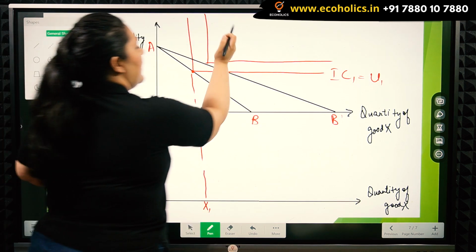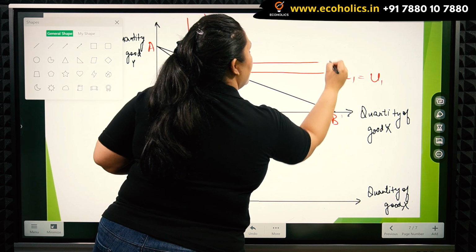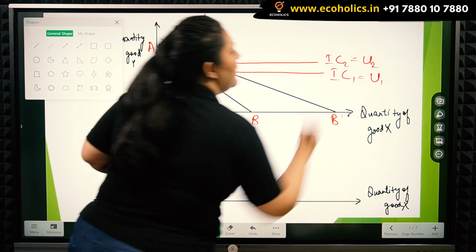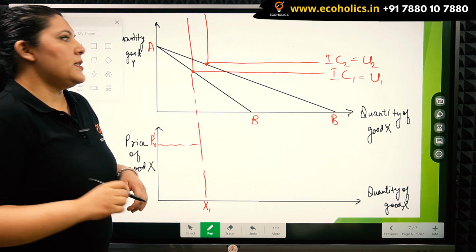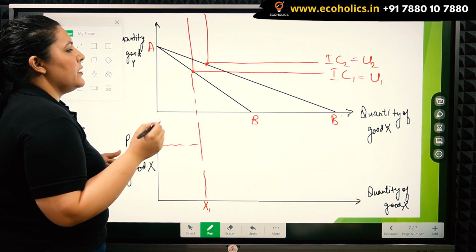So somewhere like this, we will show IC2, which is equivalent to utility value U2. At this point of tangency, the consumer reaches his new level of satisfaction.